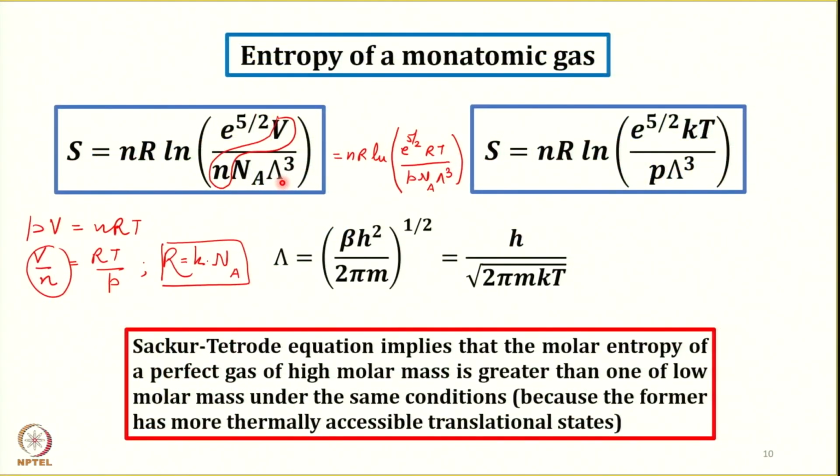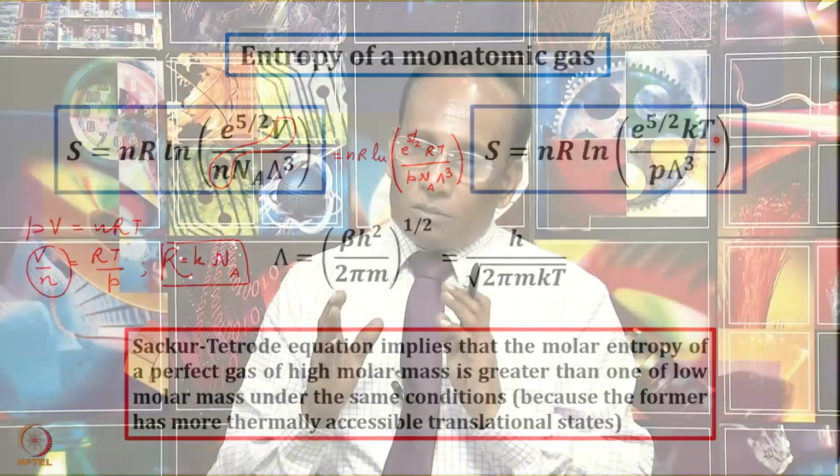In both the cases, you see lambda is there, temperature term is there. In fact, lambda also depends upon temperature. The Sackur-Tetrode equation allows you to calculate entropy based upon partition function. And remember, whether we talk about molecular partition function or canonical partition function, you can calculate the partition function from the knowledge of energy levels.